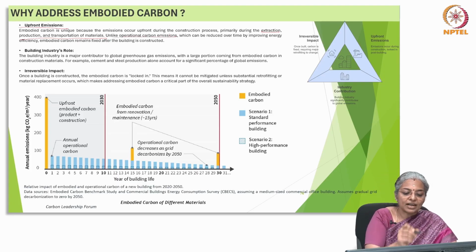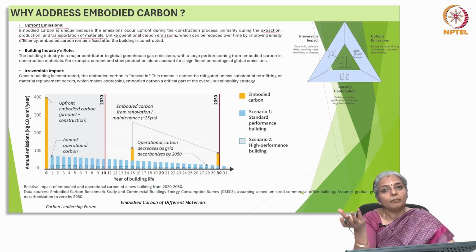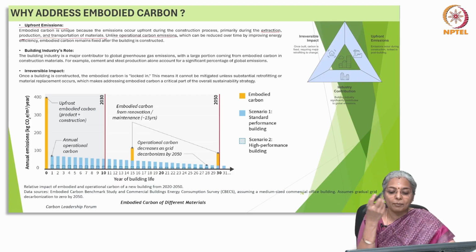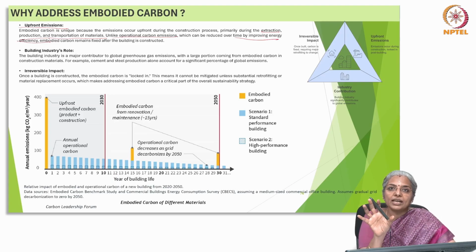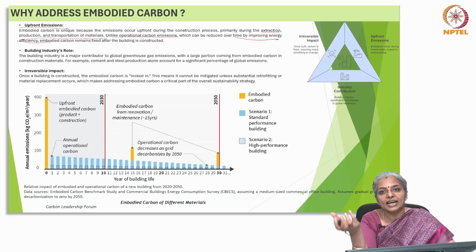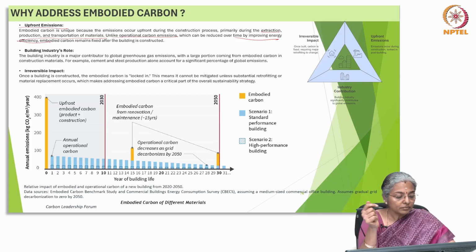Unlike operational carbon emissions, which can be reduced over a period of time by improving energy efficiency, embodied carbon remains fixed. Once you build a building, that much energy you have already trapped into that building.